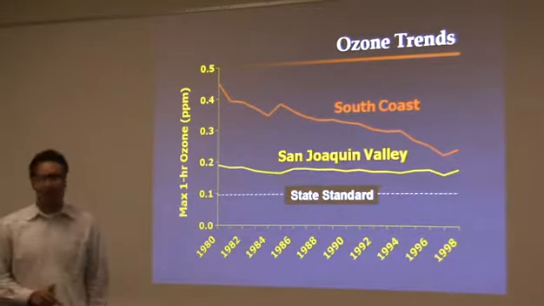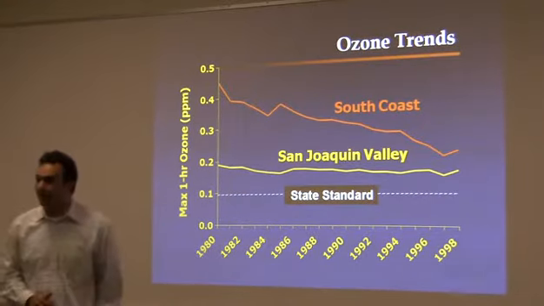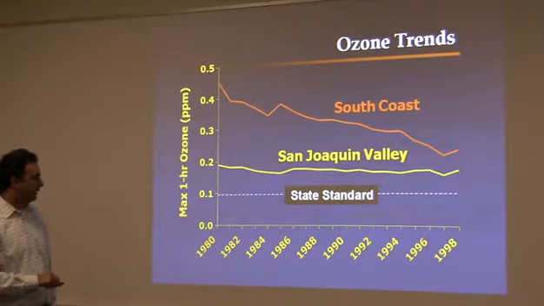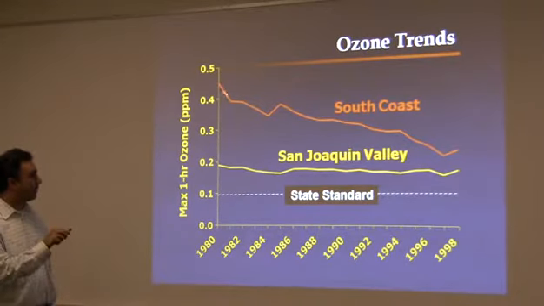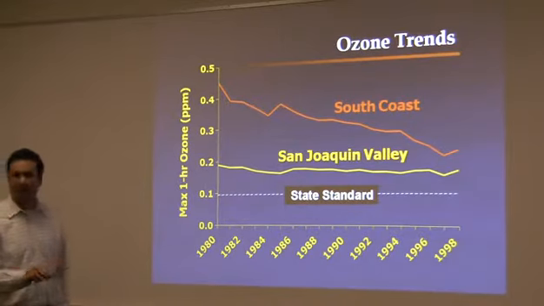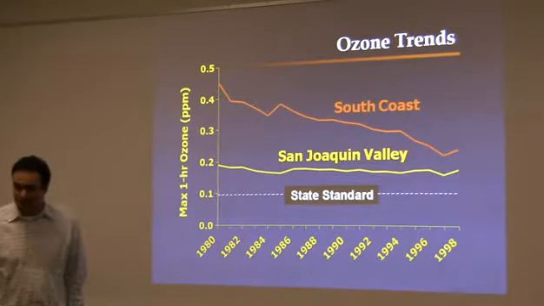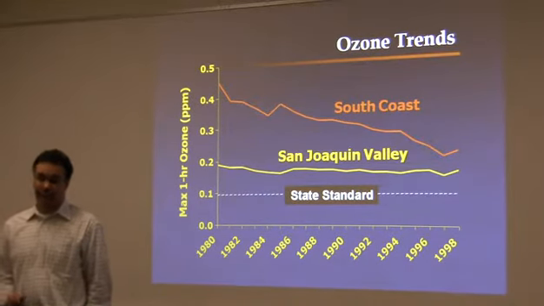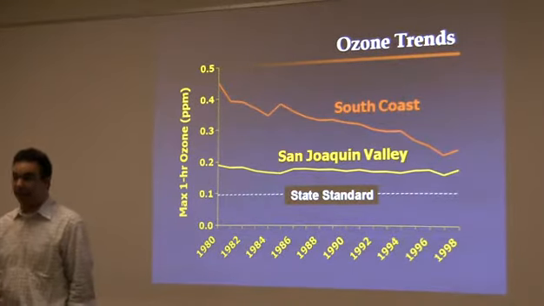I think this is really extraordinary, the amount of progress that we have made. If you look at the last 30 years, it has decreased enormously. I think this is one of the greatest success stories that US EPA and ARB have to tell.